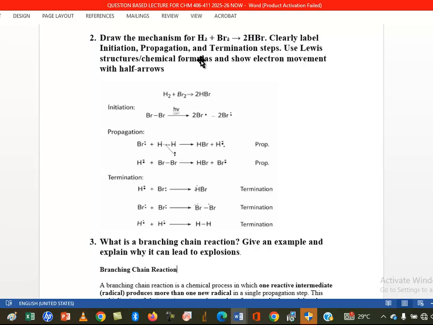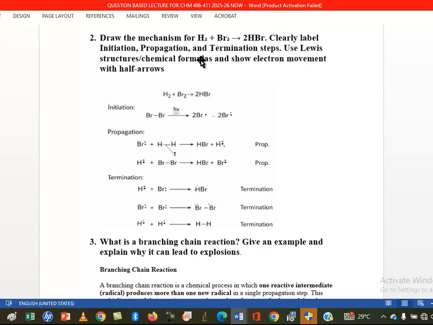Propagation 2, you can now have that H, the active energized or unstable H, reacting with Br2 to give HBr plus Br, the bromide radical. So that's propagation 2. Take note of these two steps under propagation. Then for termination you have 3.